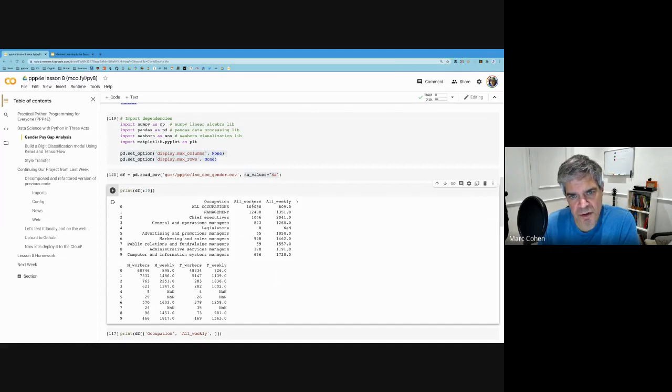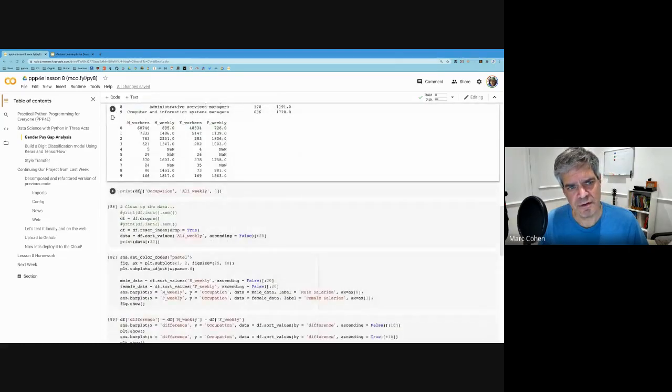We have all workers, that's the number of workers for each occupation. All weekly, that's the average weekly income for these different occupations. Then we have the number of male workers and female workers, male weekly and female weekly. So you get the idea. We're going to try to look at how the male and female incomes compare for similar occupations.